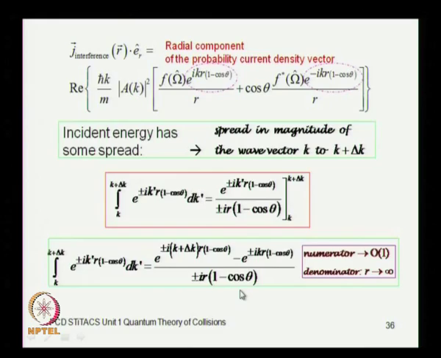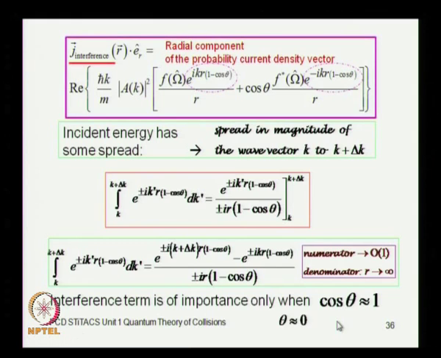When theta is 0, theta must be 0. So, theta is 0 in the direction which you call as a forward direction, that is the direction of incidence itself, right. So, in the direction of forward scattering, which is theta nearly equal to 0, this is the only place with reference to which the interference terms are of any significance, okay.